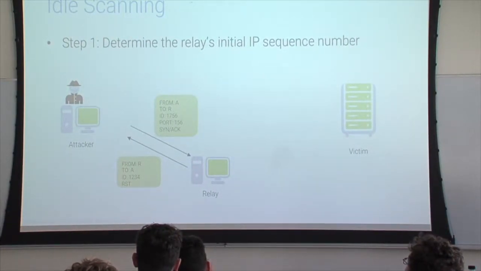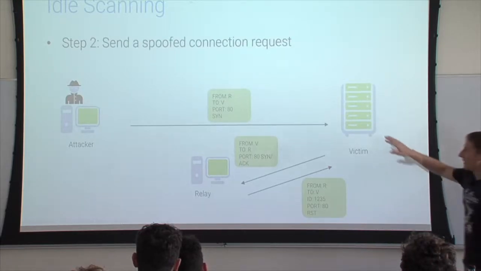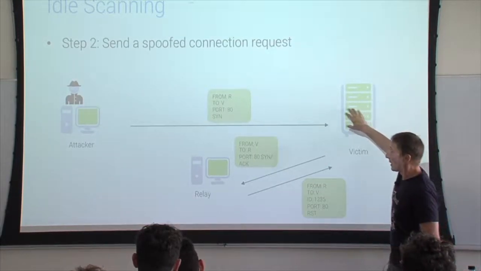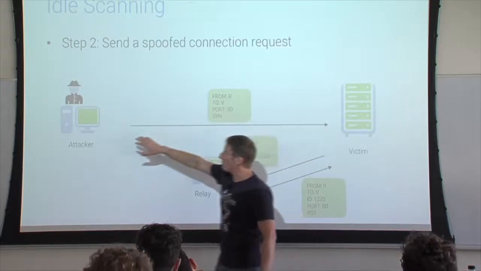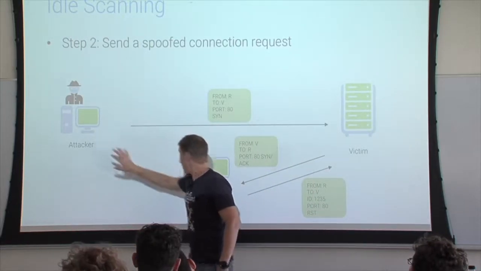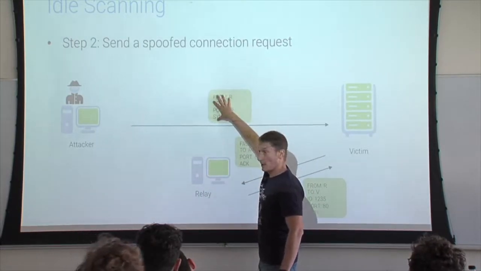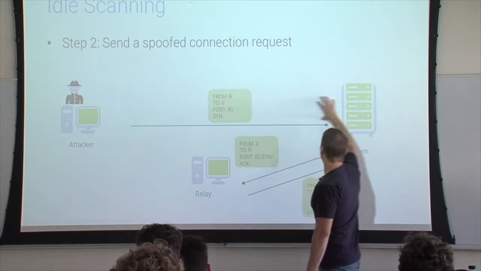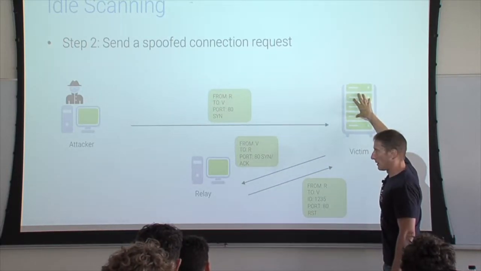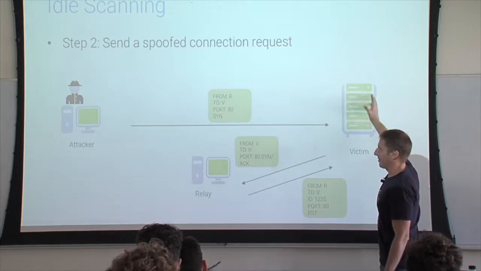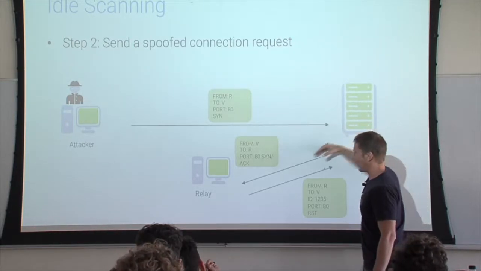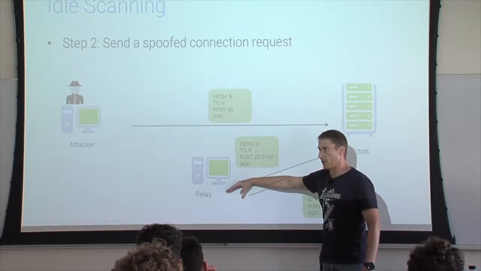No information is gathered because it's really the victim that wants to be scanned. So this guy is going to send a spoofed SYN packet that appears to come from the relay, and he says, is your port 80 open? The target will say, okay, yeah, SYN-ACK, and send it to the relay.